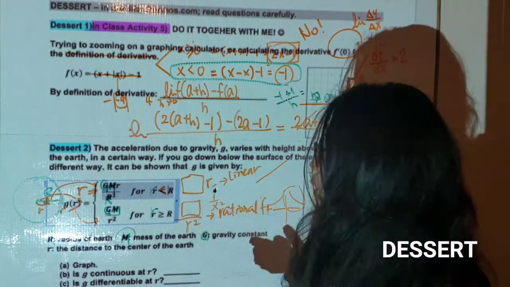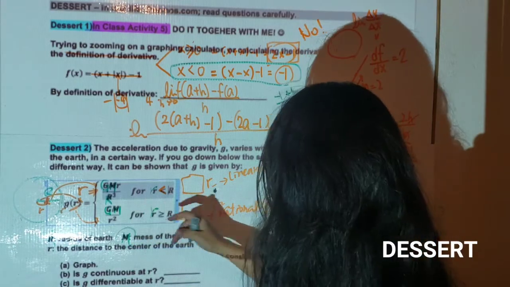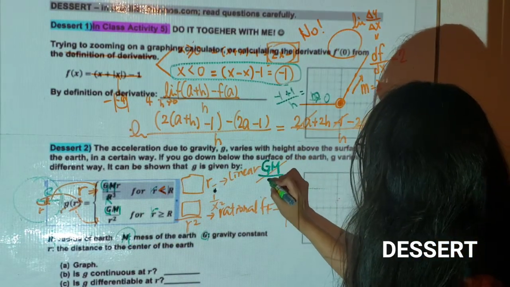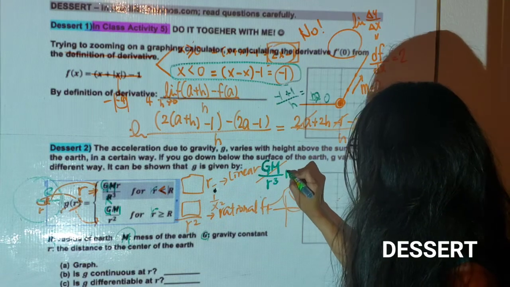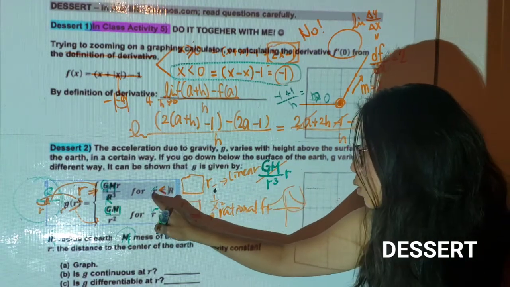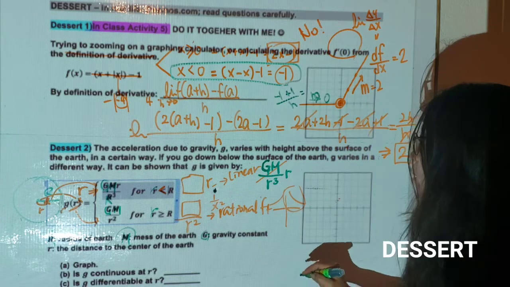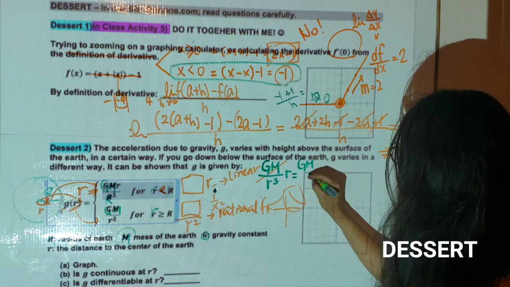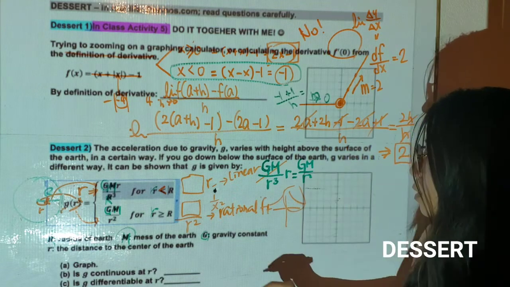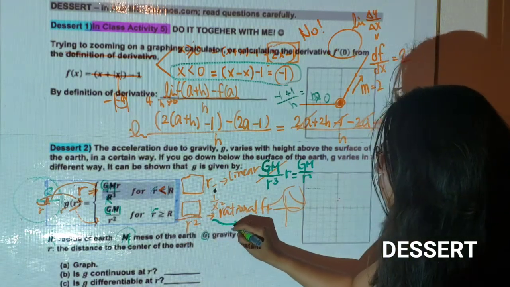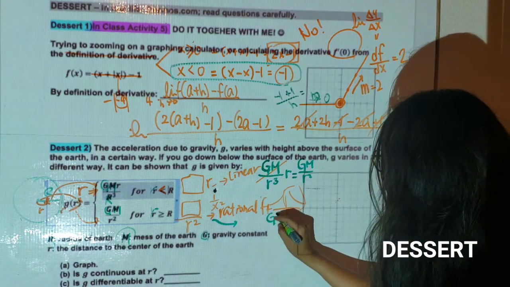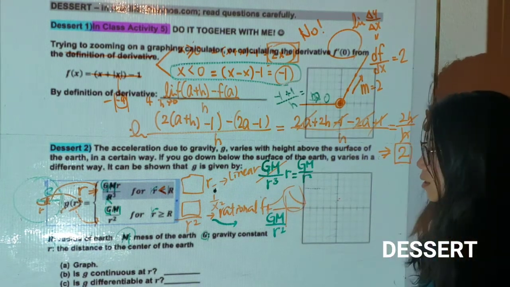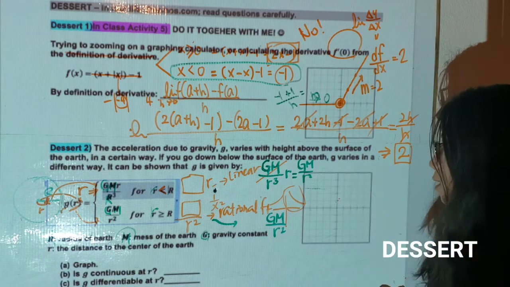This becomes GM over big R cubed times R, because I can plug this R into small r. If you simplify, that becomes GM over R squared. The second equation, if I look at it, is exactly the same. That means they are connected. They are connected at R.